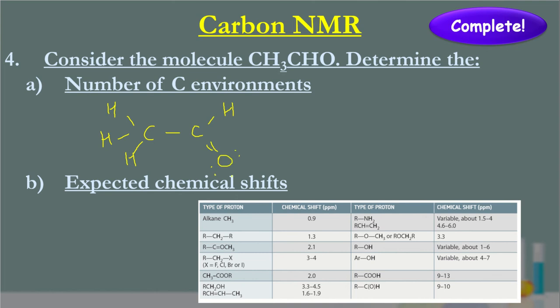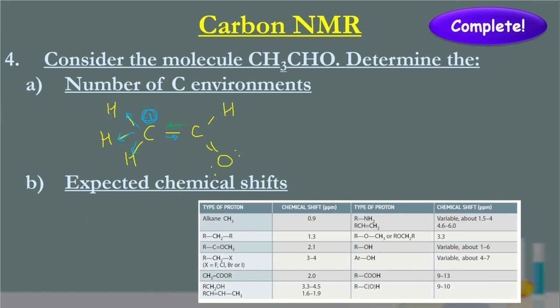Okay, now let's quickly look at the type of scenarios that we have. So this carbon here, let's call it environment 1. It's bonded to a hydrogen, hydrogen, hydrogen, and a carbon. So that's the environment that we have here for this one. If we look at our other carbon, it's bonded to a hydrogen.